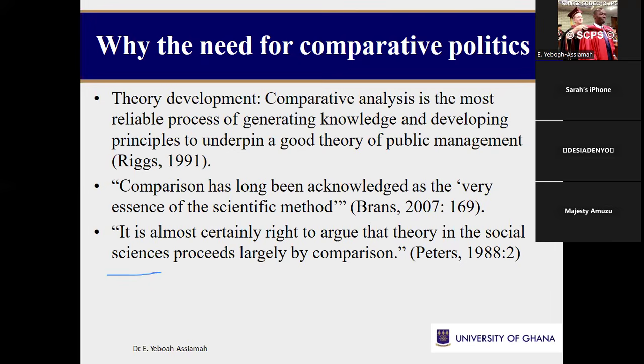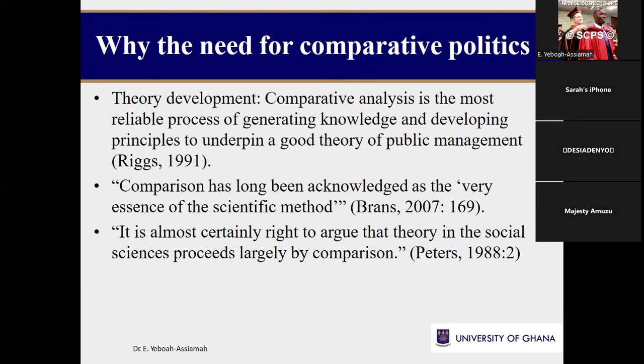It is almost certainly right to argue that theory in the social sciences proceeds largely by comparison. It is through comparison that you can make meaningful conclusions. Because if you do a single case and make some conclusions, it might not be applicable to other jurisdictions, but it is just a case.